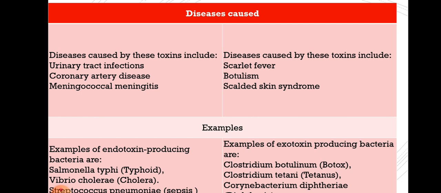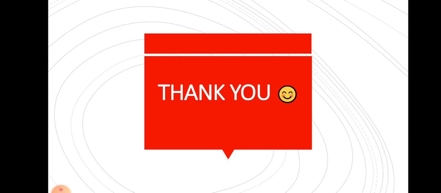Examples for exotoxin producing bacteria are Clostridium botulinum, which produces botox; Clostridium tetani causes tetanus; Corynebacterium diphtheriae causing diphtheria. Thank you.